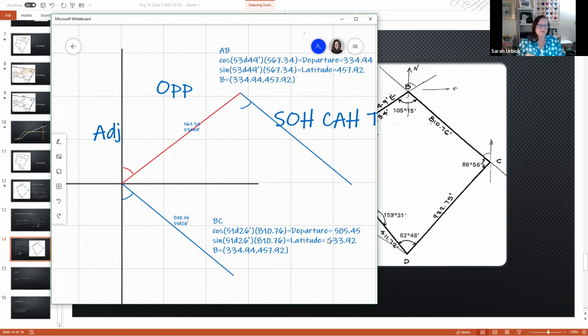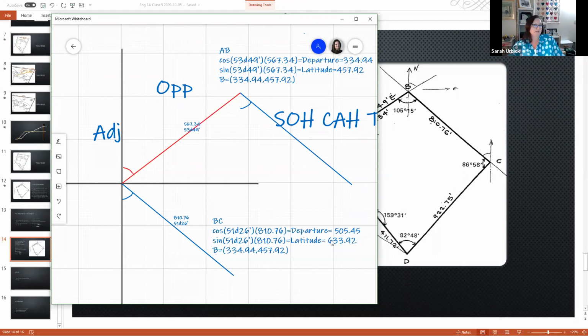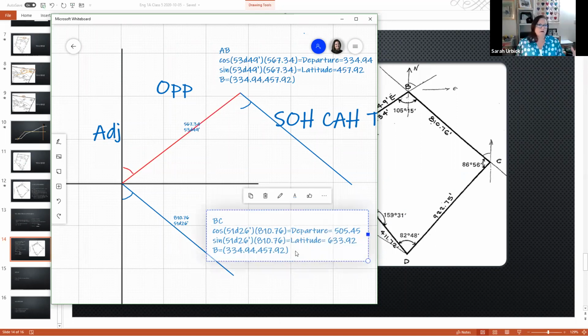So our latitude is a negative number. Our departure, we're still going to the east, so we're adding to our number. Okay? Does that help, hurt? Okay, that's why I like sketching this out, because you can see, where am I supposed to be? What's my gut check? Okay, awesome.